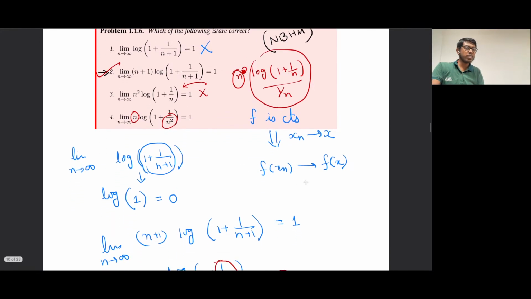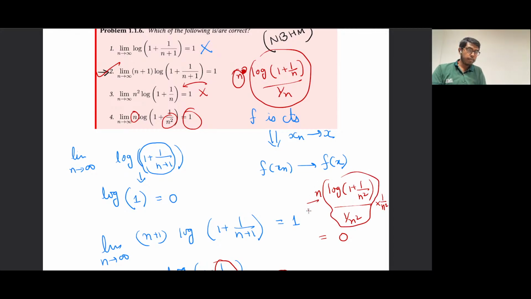Again the same logic: n log of 1 plus 1 by n square, divided by 1 by n square. This will go to 1 and n by n square will go to 0, so the limit is 0, but it is given 1.